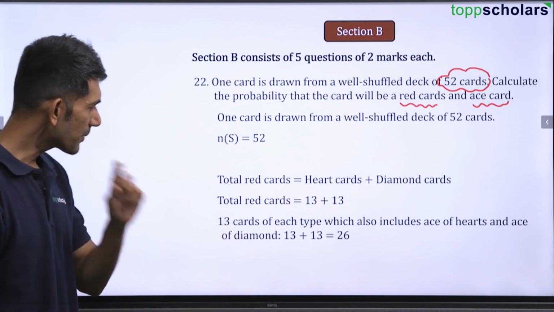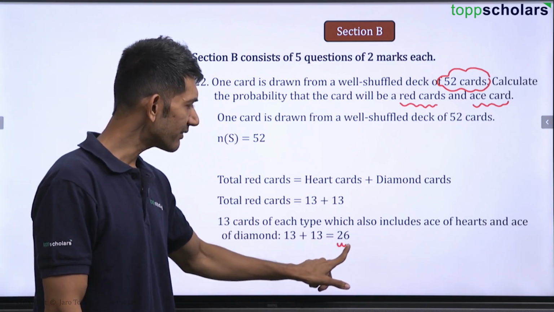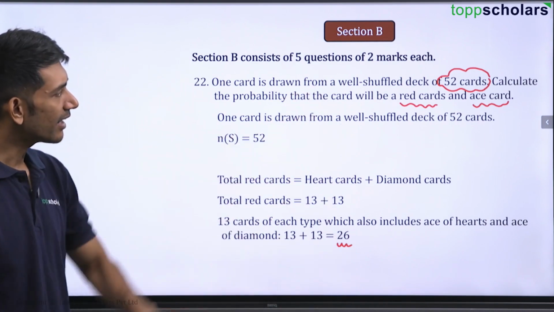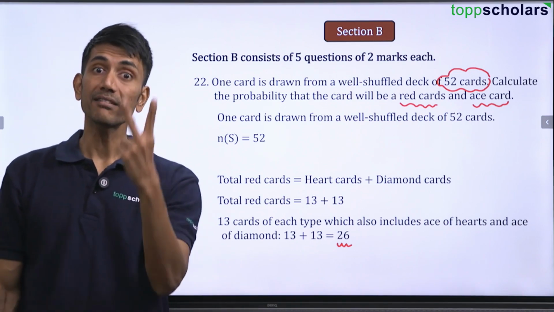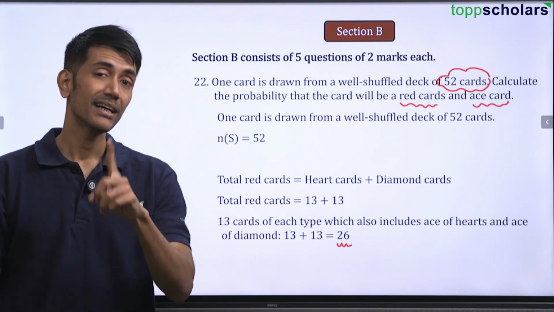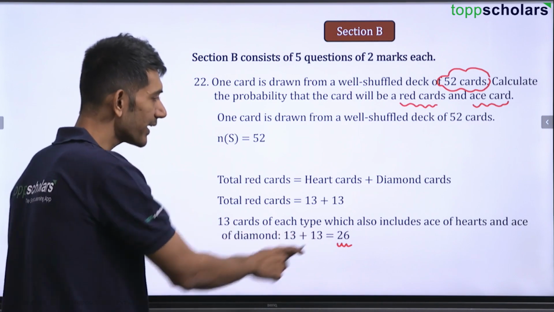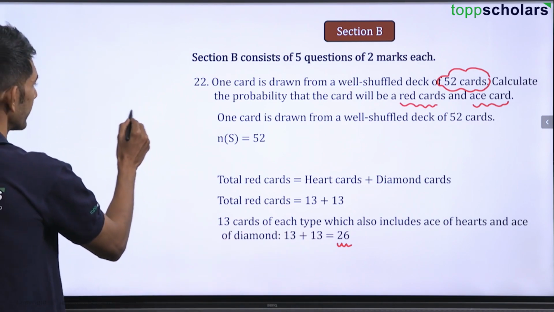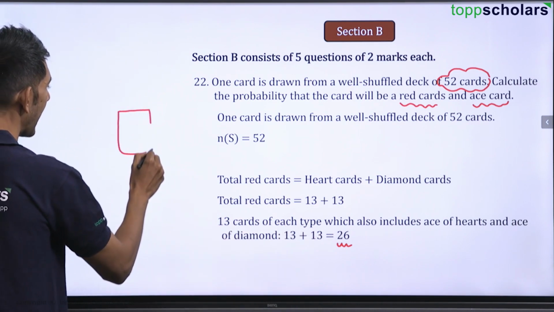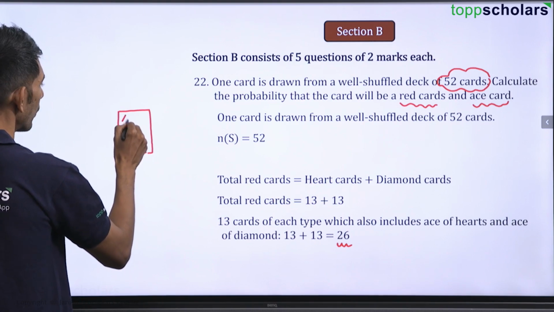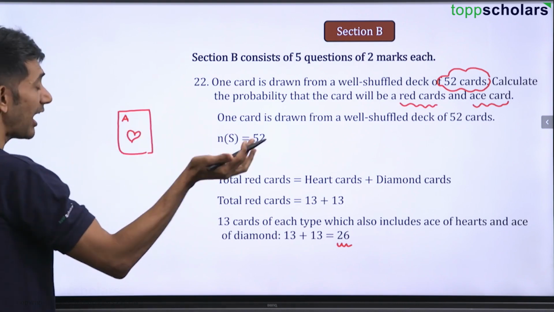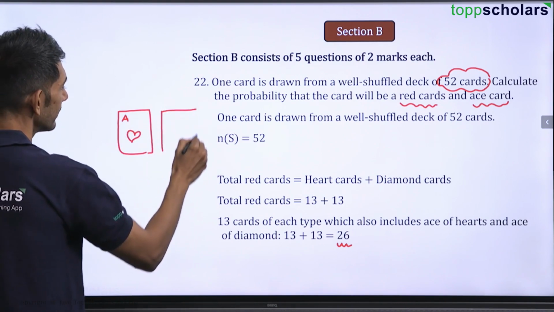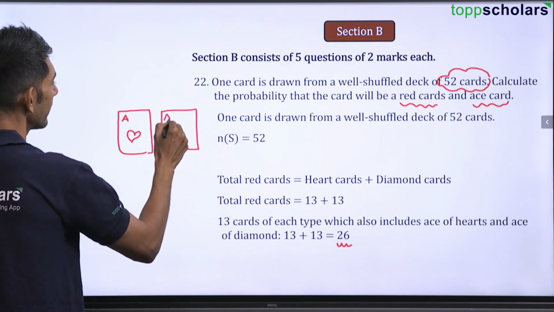But can I say that these 26 cards, which are red cards, also contain 2 ace cards, of diamond and heart? See, there are already red cards, and one ace card is of heart, sorry, and the other red ace card is of diamond.